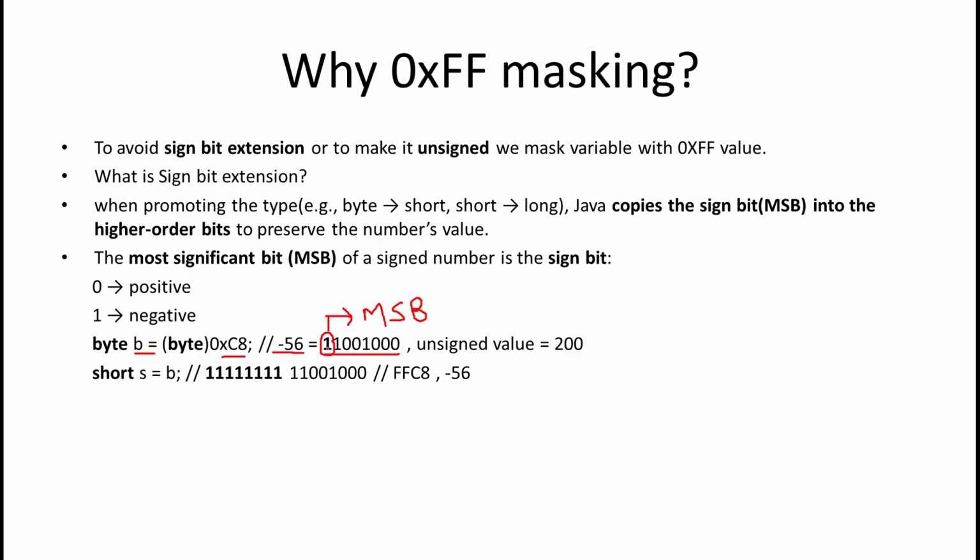So while promoting, this is actually promoting, what happens is that a short variable has 16 bits. This sign bit gets extended to the new high order bits of the short variable.